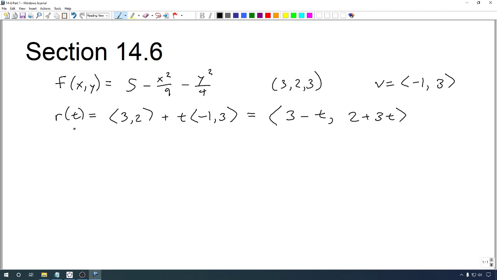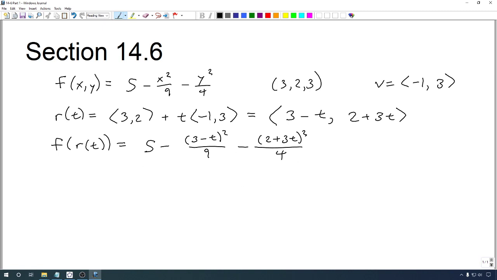If we go ahead and plug those into the function, we can even put f of r of t to write it simpler, but we're replacing x with 3 minus t, and y with 2 plus 3t. And then this is a function of t.